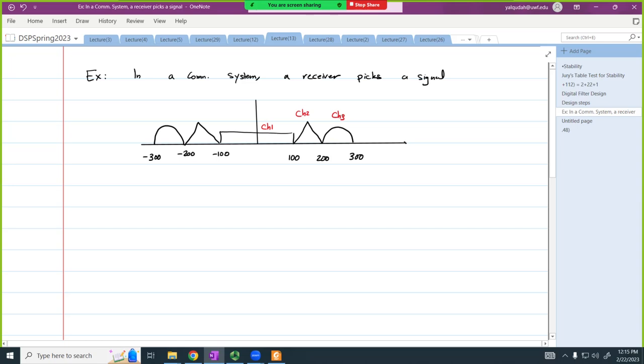And what I want to do is remove channel 1 and channel 3. So I want to design a filter. I'm going to use digital filter design.